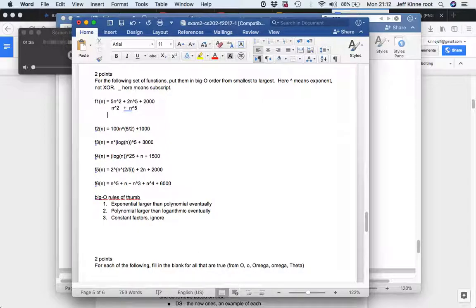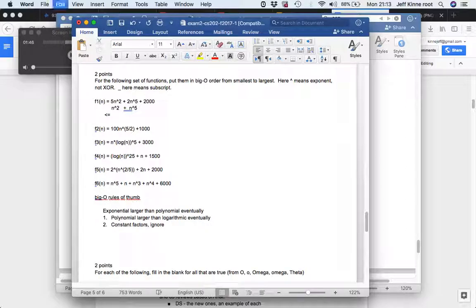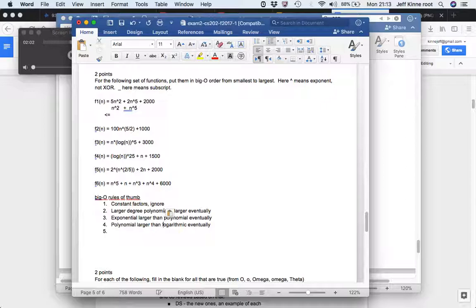Simplifying this more, let's make another rule here, probably a rule 0. Let's rearrange these a little bit. Larger degree polynomial is larger eventually, no matter what else is going on. And we'll put this one up front as well because these are probably the 2 simple rules.